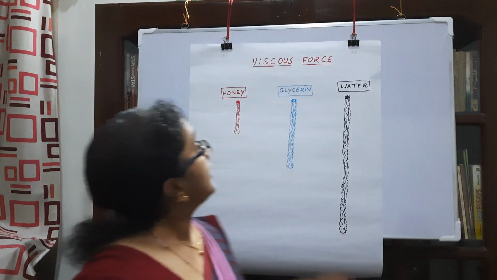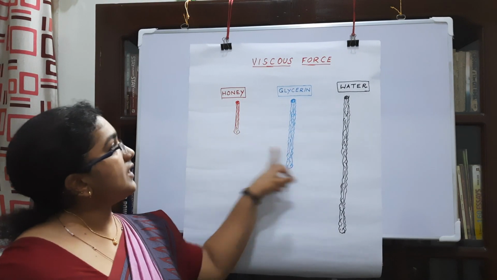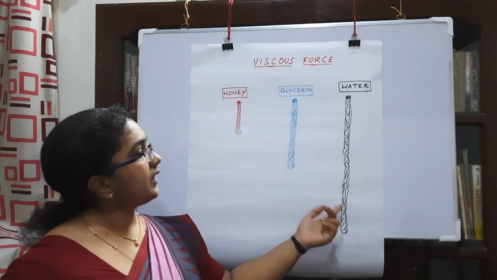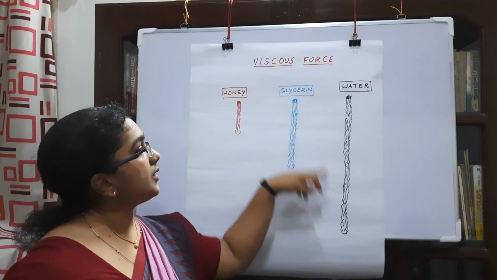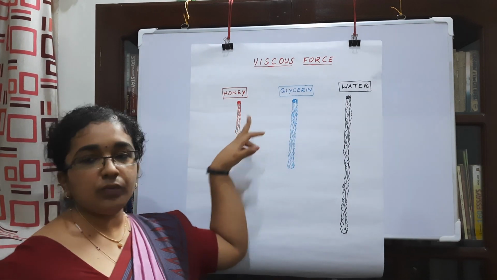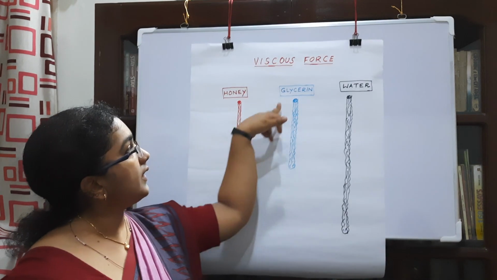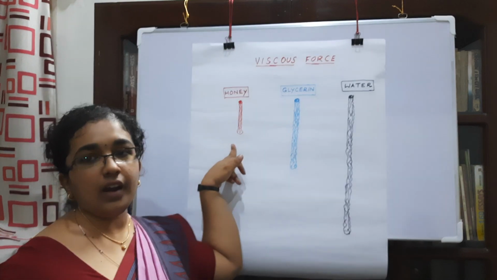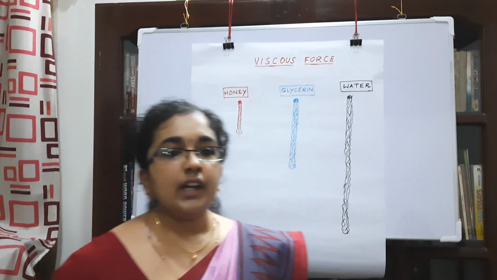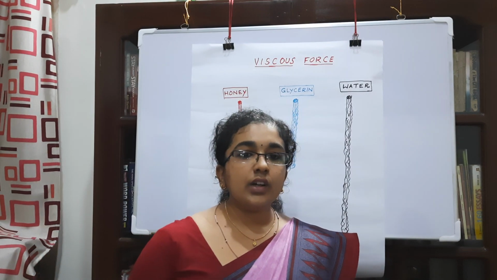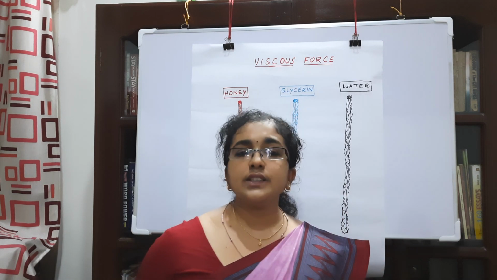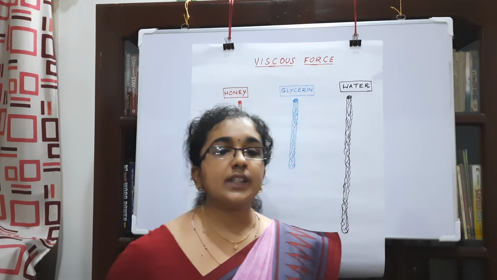From this chart also, this diagram refers to the speed of the flow of each liquid. So the water has a greater speed than glycerin and honey. Now, what is the conclusion from this activity?